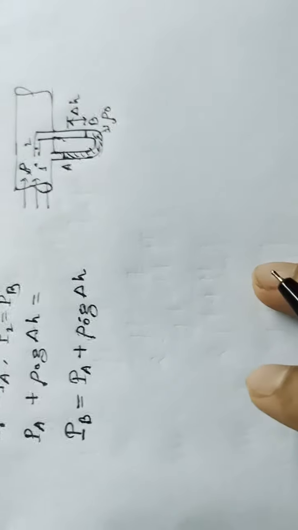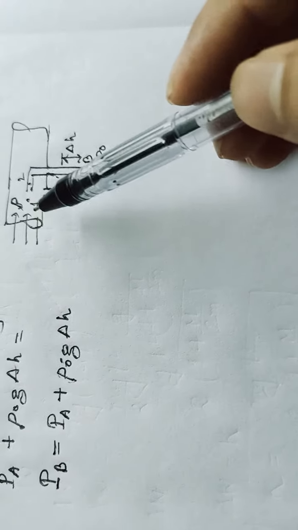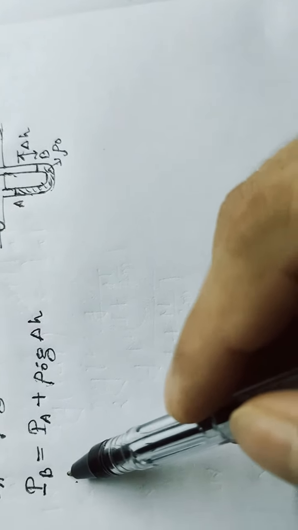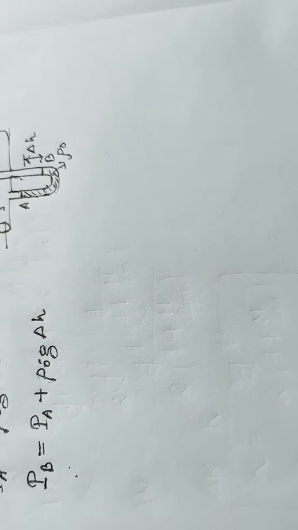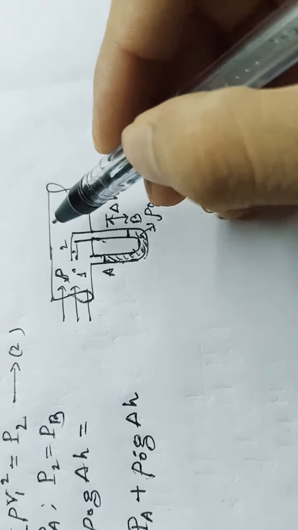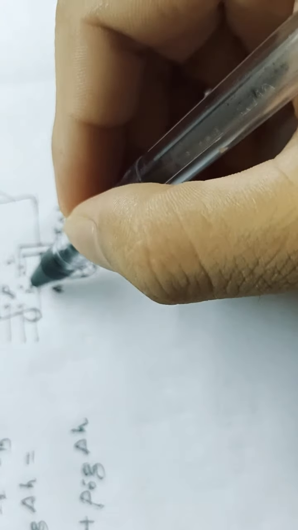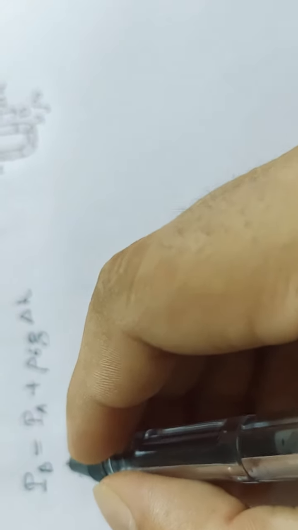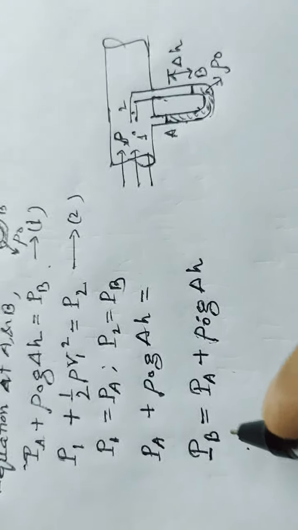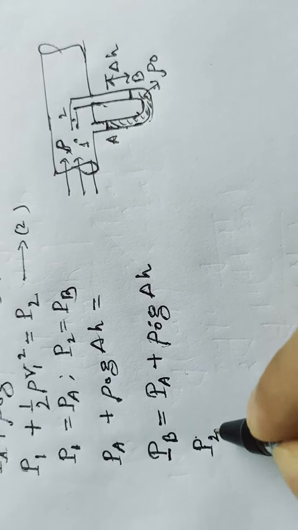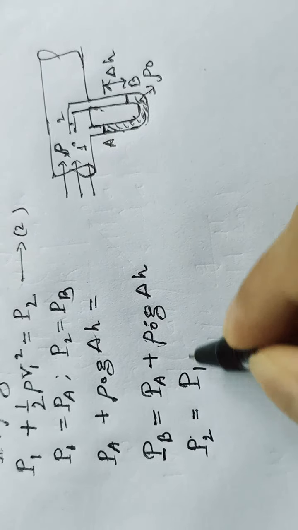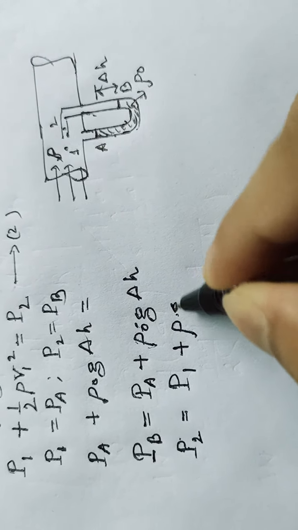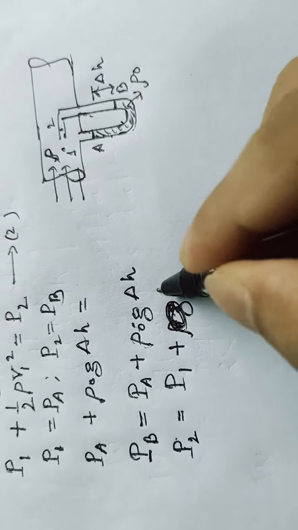If we apply the Bernoulli equation at points 1 and 2, we will find PB equal to PA plus rho G H2. Again, applying the Bernoulli equation at points 1 and 2, P2 will be equal to P1 plus rho G plus half rho V square.